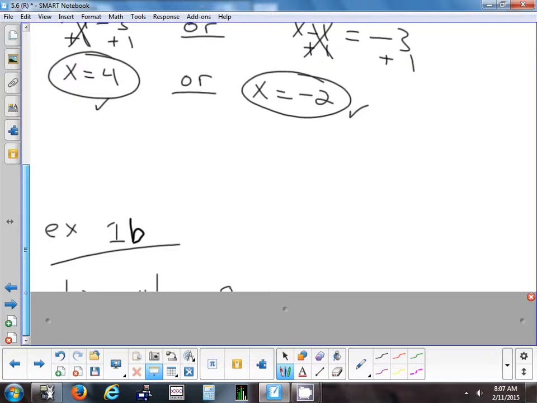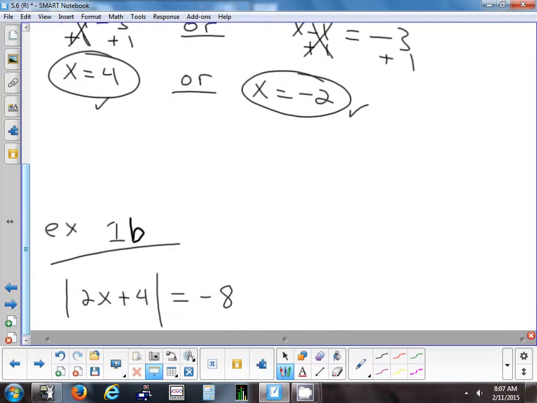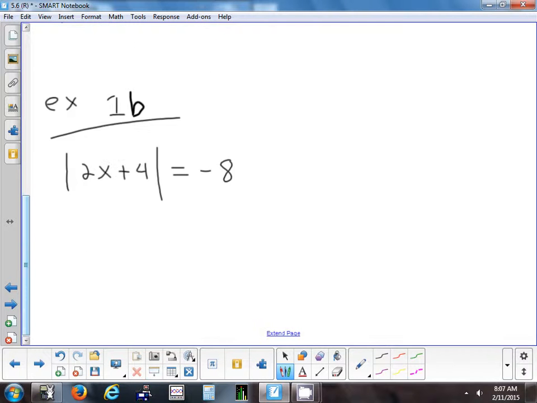Let's look at example 1b. Absolute value of 2x plus 4 equals negative 8. First question you want to ask yourself: is this one ready to split? The answer is yes, because the absolute value is already by itself and there's nothing on the outside of it. So we're going to split it. One equation is the same as the original, except we get rid of the bars.